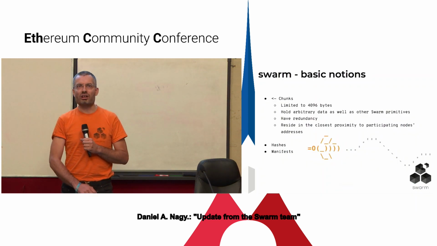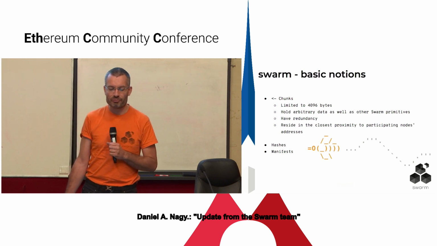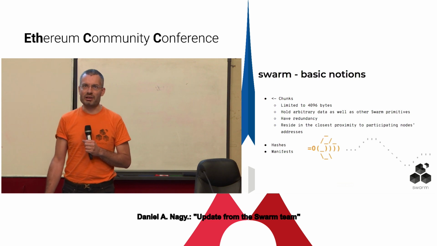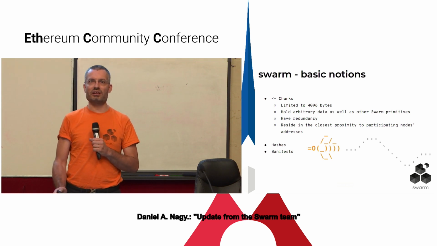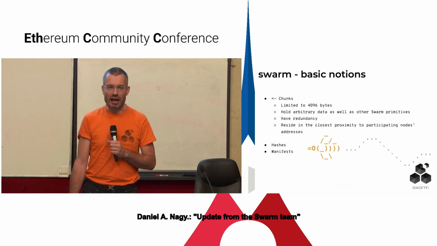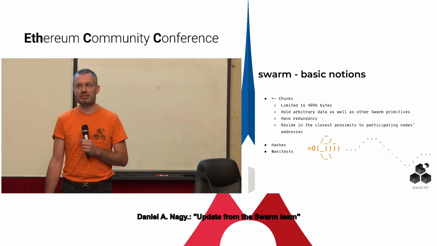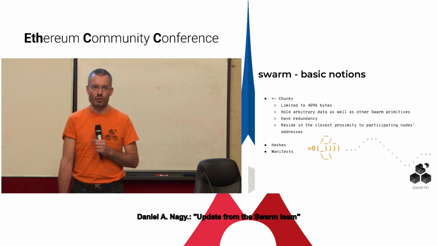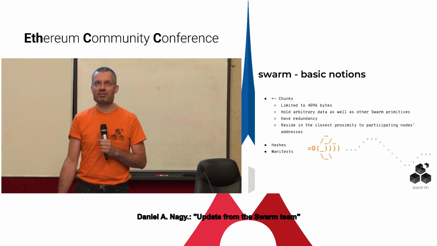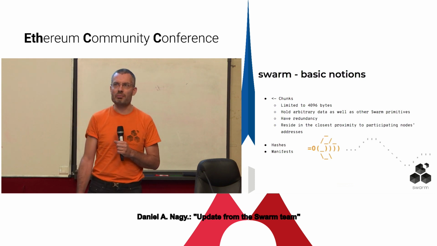They can hold arbitrary data and metadata and other Swarm primitives. They are the only things that the network layer knows and cares about. So these chunks are the little bits of data that are being sent around the network. And their addresses live in the same address space as the nodes of the Swarm network. And chunks tend to be stored by and served by nodes that are closest to them in this address space.